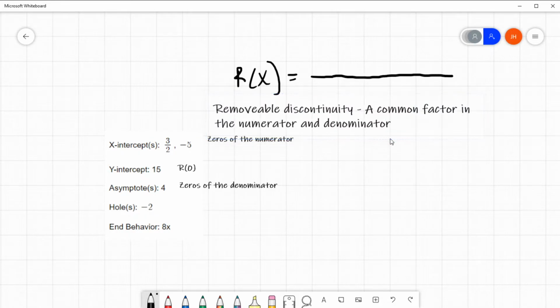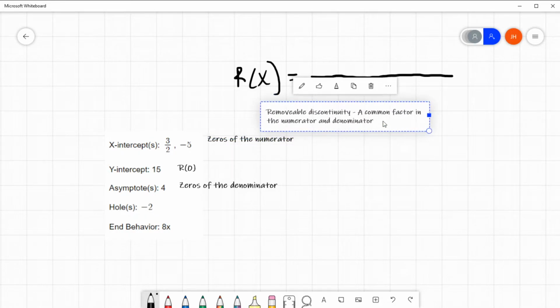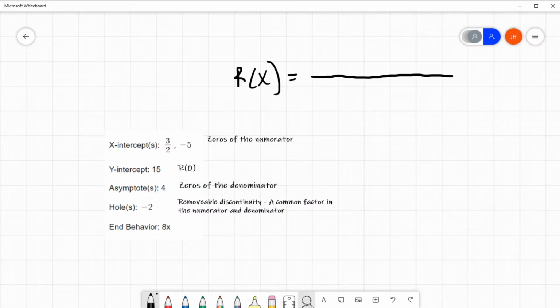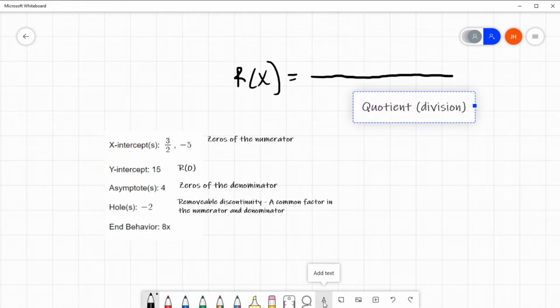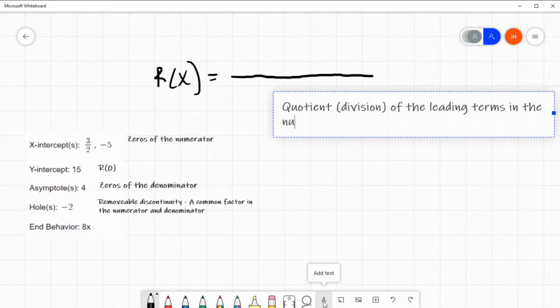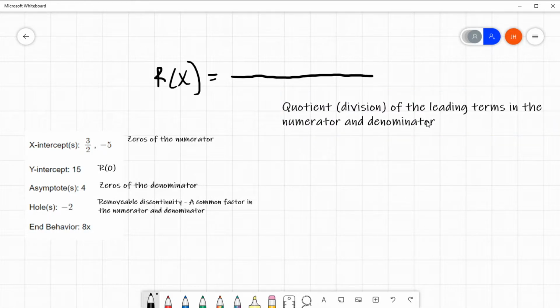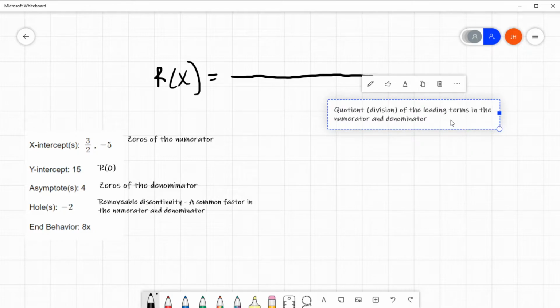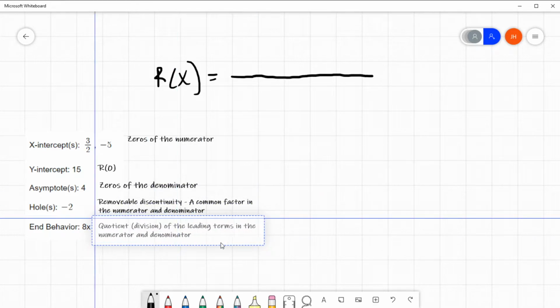So in the top and the bottom, there should be some factor that is shared to make a hole. And then finally, end behavior was the quotient, right? The division of the leading terms in the numerator and denominator. So essentially, if I take the leading terms of my numerator and my denominator and divide them, it should be equivalent to the end behavior.